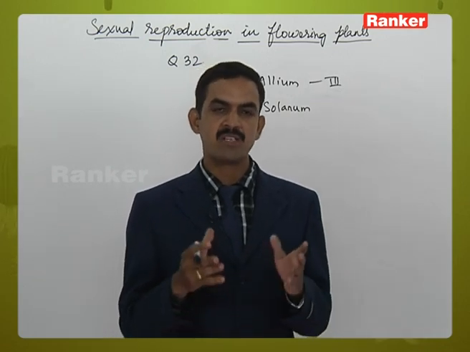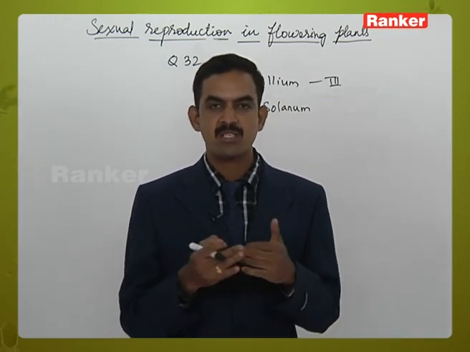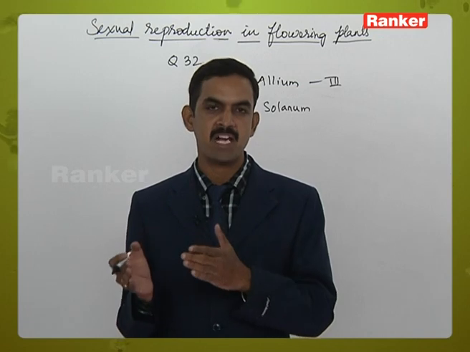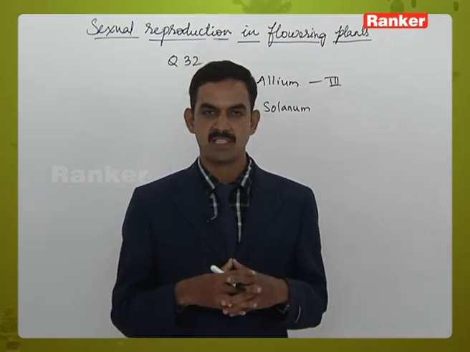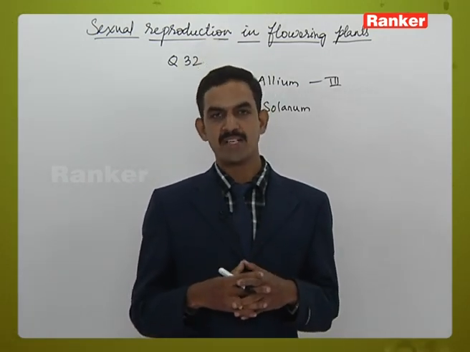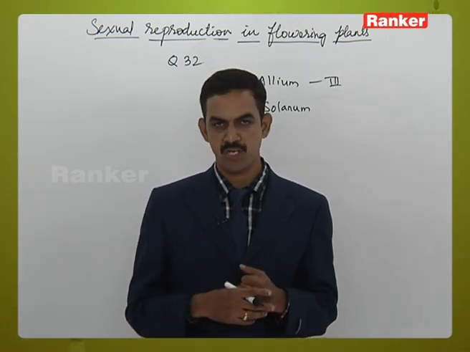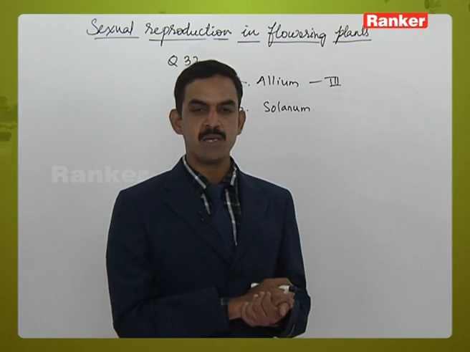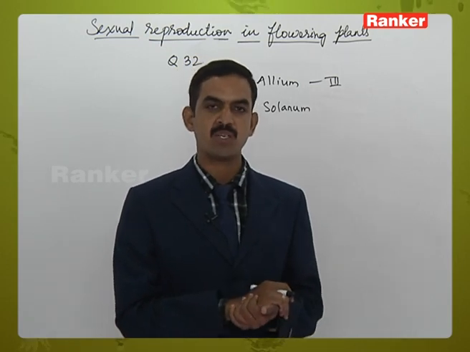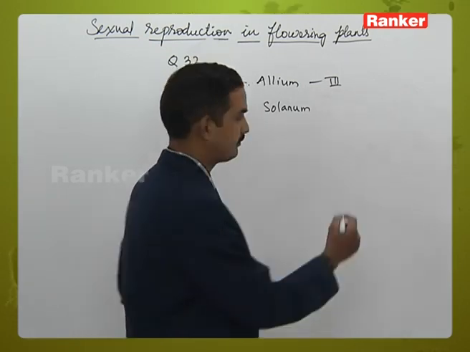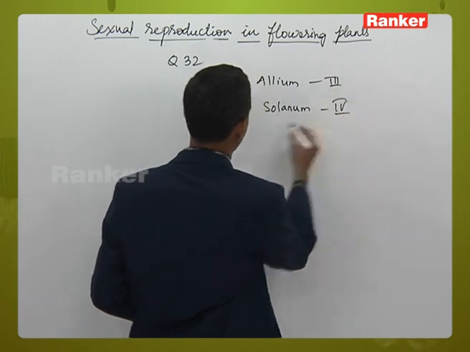Protogyny is a part of dichogamy condition, where the maturation time of male and female reproductive organs is different, in which protogyny means the maturation of gynoecium earlier than androecium. So Solanum exhibits monochasial cyme with protogynous condition, that is 4.